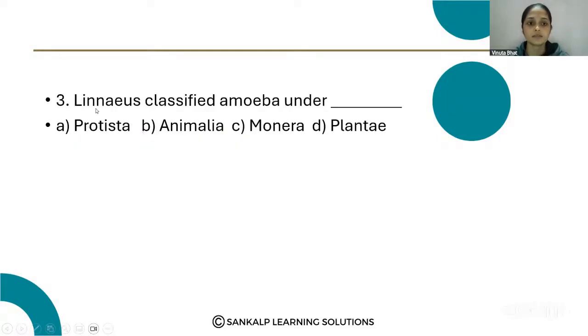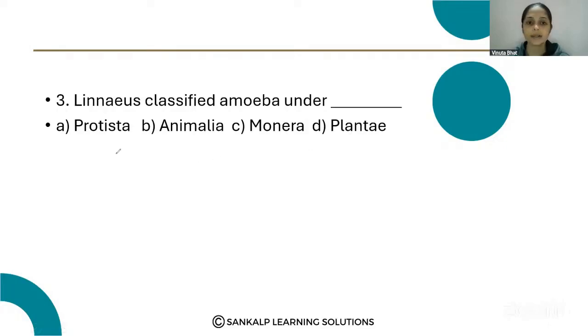Next question. Linnaeus classified the amoeba under: Protista, Animalia, Monera, or Plantae. Linnaeus's classification included only Plantae and Animalia.